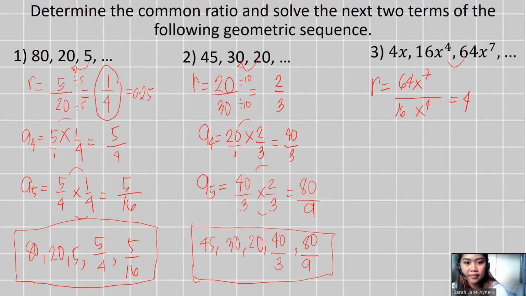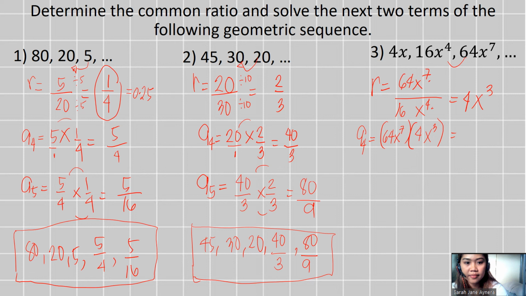Copy the base, which is x. Then subtract the exponents. 7 minus 4, that is 3. So, the common ratio is 4x cubed. So, we have here given 3 terms. To get the next term or the fourth term, the preceding term 64x raised to 7, multiply this by the common ratio 4x cubed. So, 64x raised to 7 times 4x cubed.